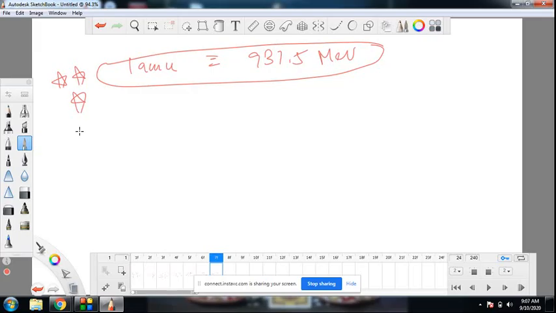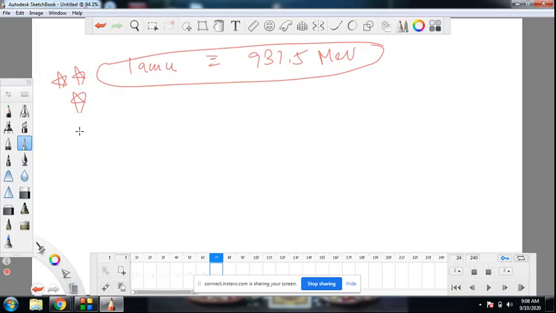So if you have the technology, you can take 931.5 million electron volts of energy, and somehow if you convert it into mass, you will get 1 AMU. You will get 1 atomic mass unit. This is possible, at least theoretically. We don't have the technology. Nucleus has the technology to convert mass into energy and energy into mass. Particularly energy into mass, nucleus has this technology.